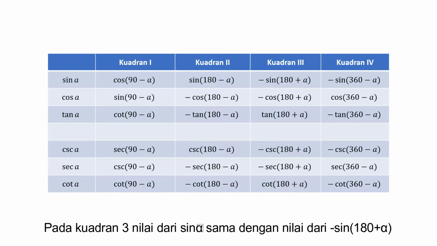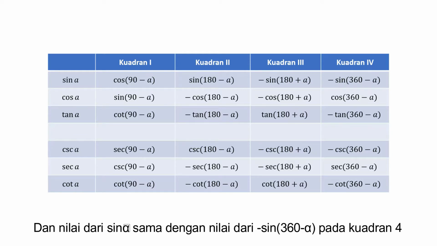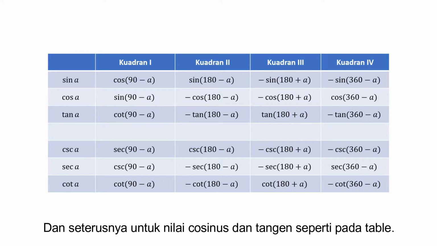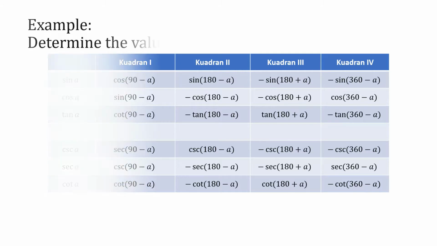In quadrant 3, the sine value of alpha is the same as the value of negative sine 180 plus alpha. And the sine value of alpha is the same as the value of negative sine 360 minus alpha in quadrant 4. Etc. for cosine and tangent functions.